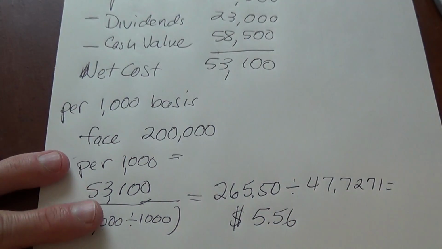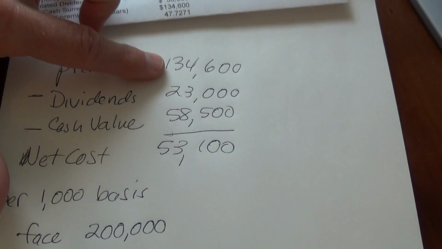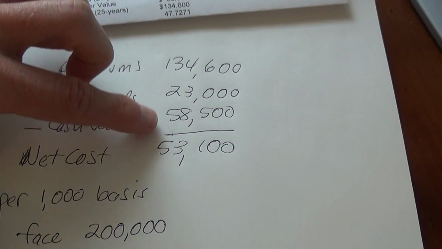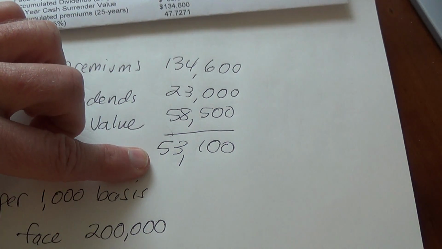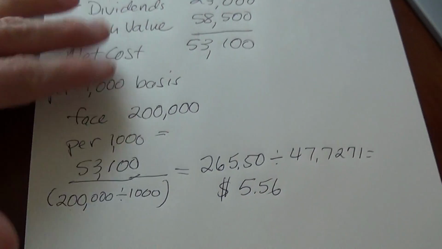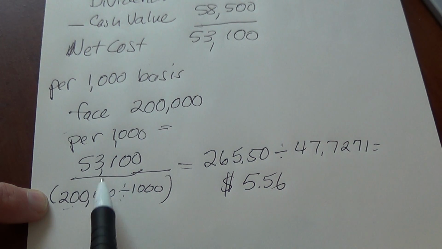So if you look at the process again, the first thing we do is get the net cost, so the premiums minus the dividends minus the cash value, and we've got $53,100. The second step is we took that $53,100 and divided it by the face of the policy divided by 1,000. So how many thousands are there in the face of the policy? There were 200.